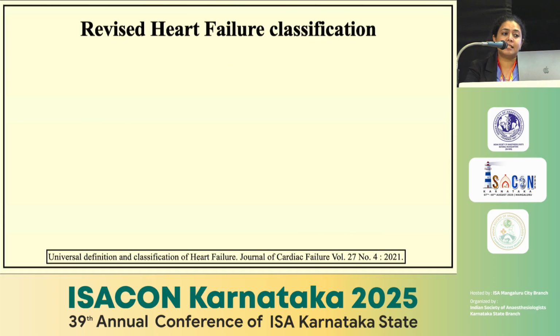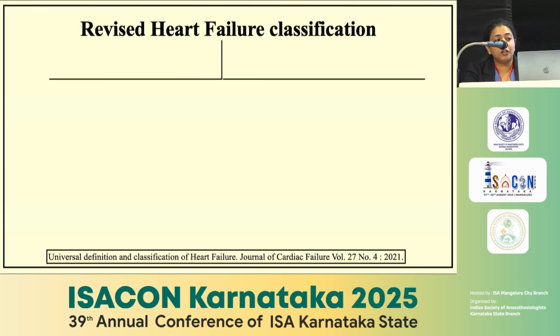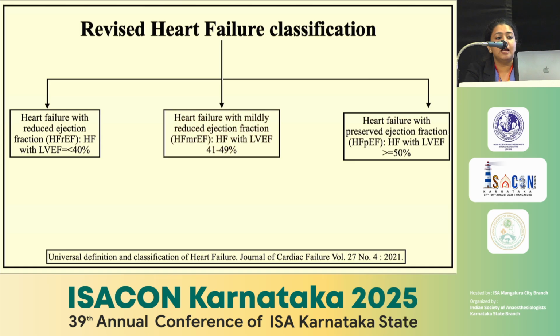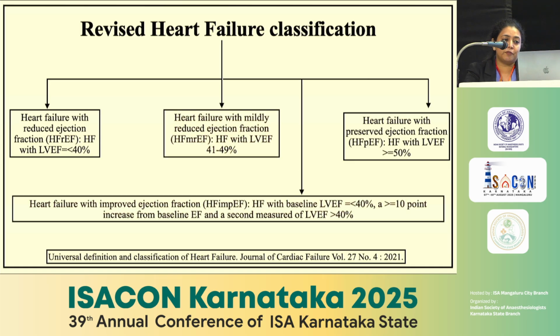Further, they revised the heart failure classification and proposed a new classification based on ejection fraction: heart failure with reduced ejection fraction for heart failure with EF less than or equal to 40%, and heart failure with preserved ejection fraction for heart failure with ejection fraction more than or equal to 50%.